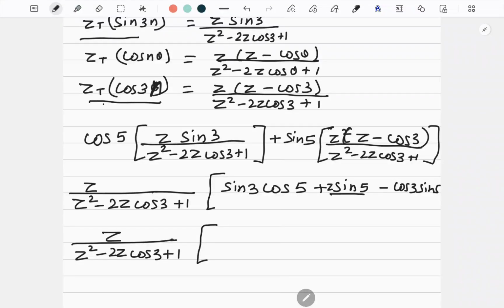In bracket, this term I will write as such, z sin 5. Now this, if you observe, it is a formula: sin A cos B minus cos A sin B, which is nothing but sin of A minus B. Right? So this will become sin 2. Oh, I forgot to put the minus sign here. So now I got my answer as z inside the bracket z sin 5 minus sin 2 upon this thing. So this is my answer.